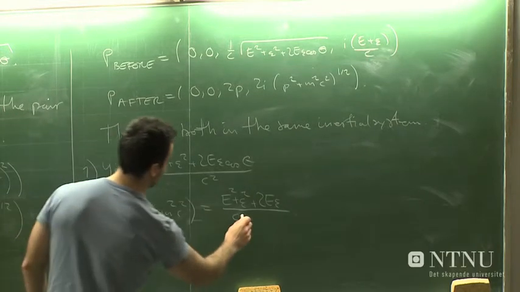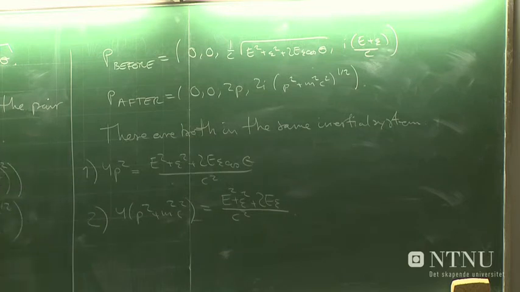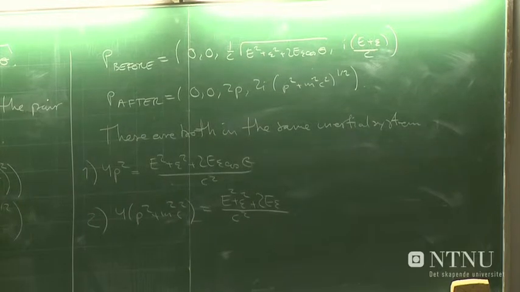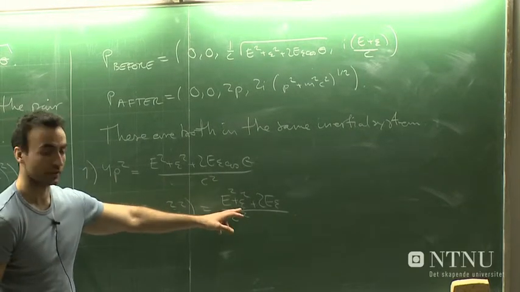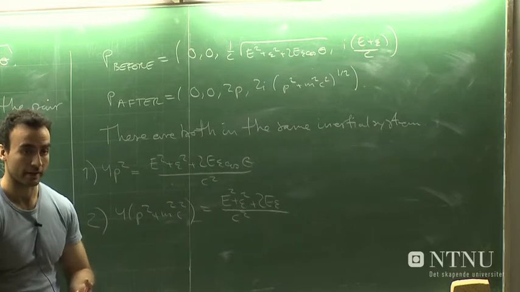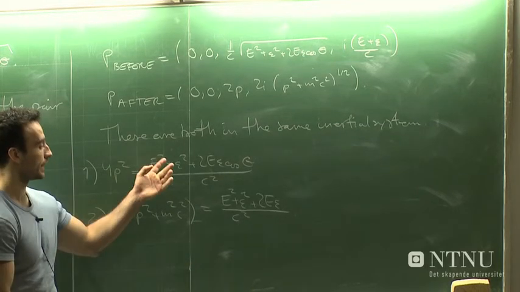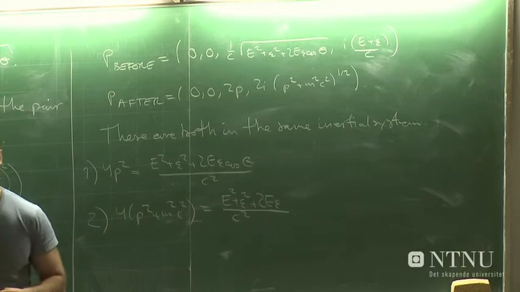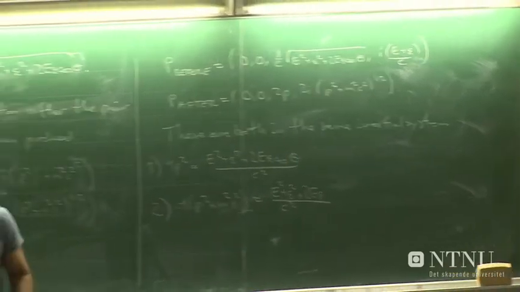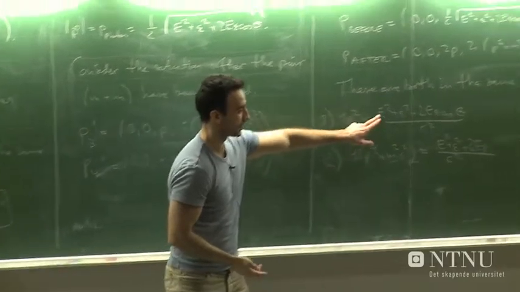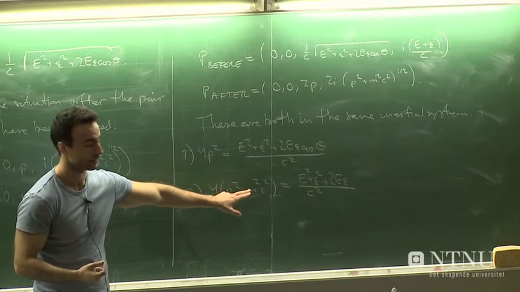Oh, c squared, sorry. And what we need to do then is to extract epsilon from these two equations to find the threshold energy.